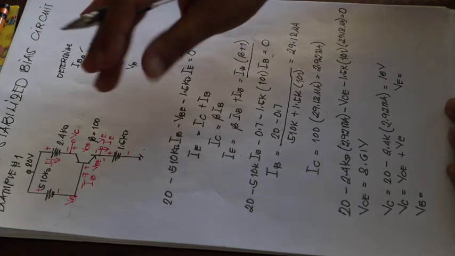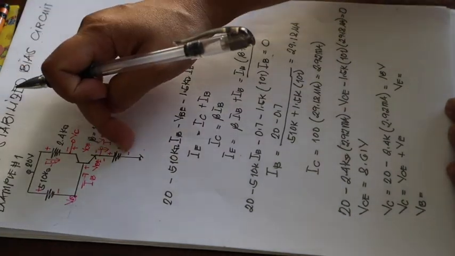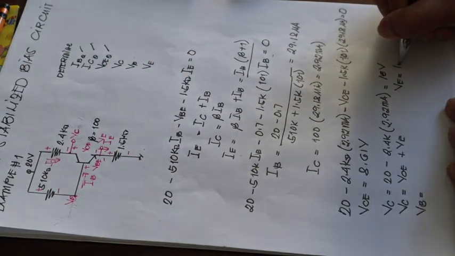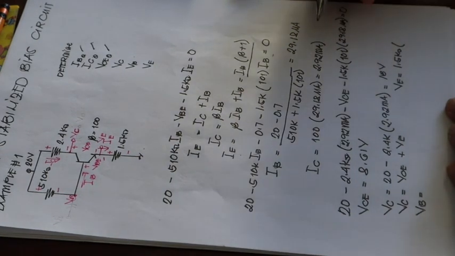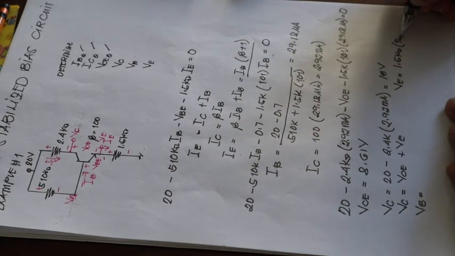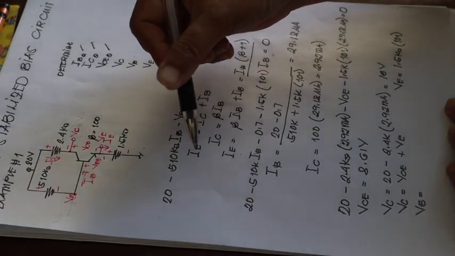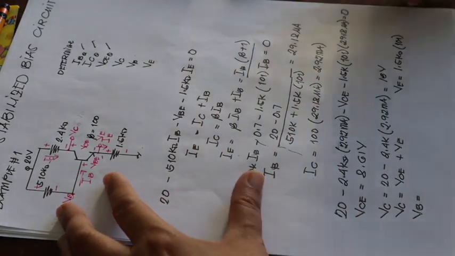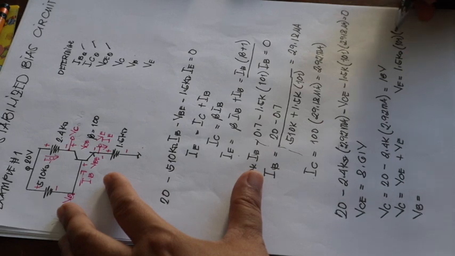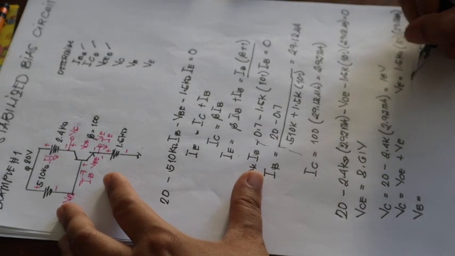Madali lang siya. Resistance multiplied by the current. So, resistance is 1.5 kilo ohm multiplied by yung current niya, which is beta plus 1 IB, so 101 multiplied by 29.18 microamp.